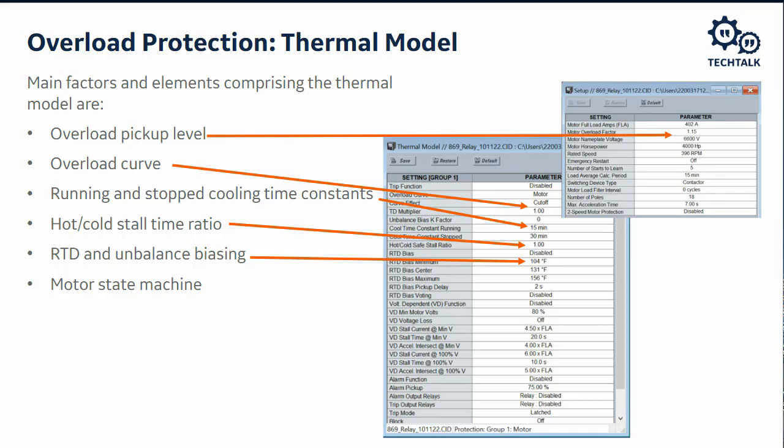And then there's going to be a couple of settings that we need to give the relay to let it model how fast the motor will cool when it's stopped and how fast the motor will cool when it's running. Those two settings are called running and stopped cooling time constant.